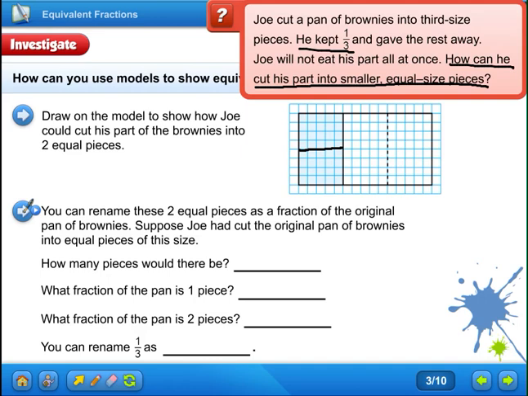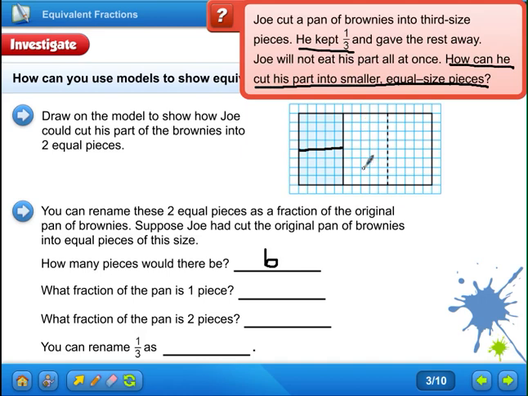Suppose Joe had cut the original pan of brownies into equal pieces of this size. How many pieces would there be? So if he cut the whole thing like this, how many pieces would there be? There would be 6, because he would have 1, 2.